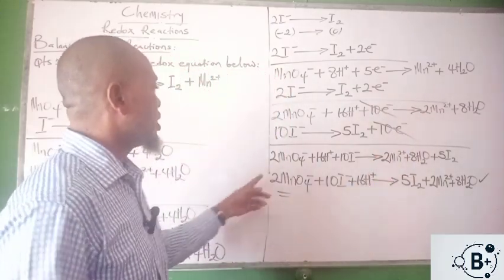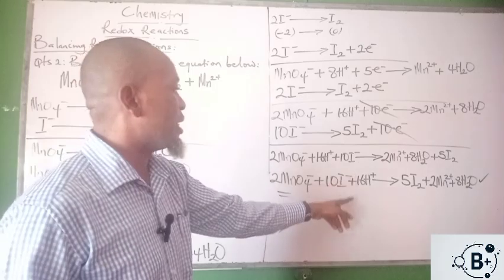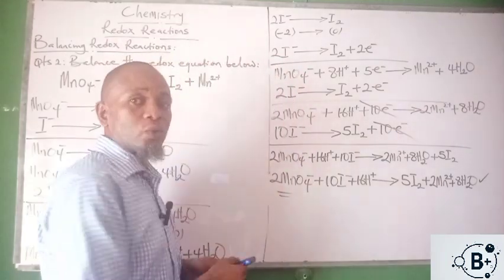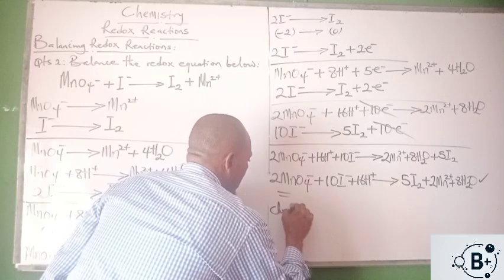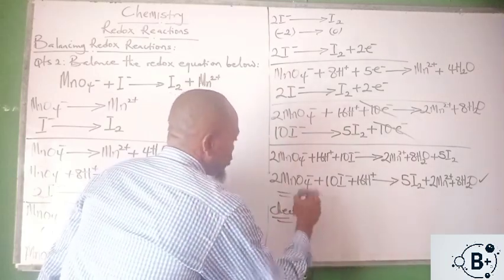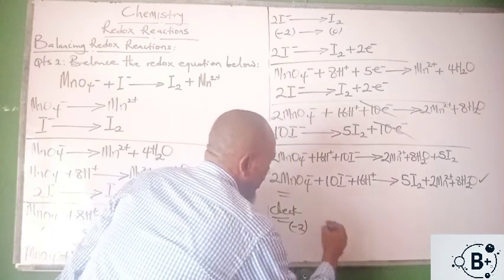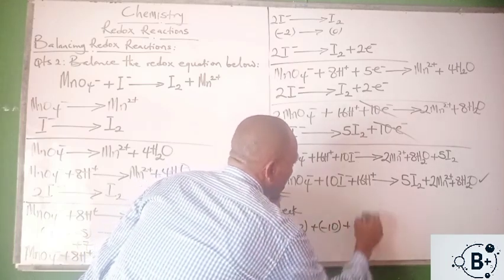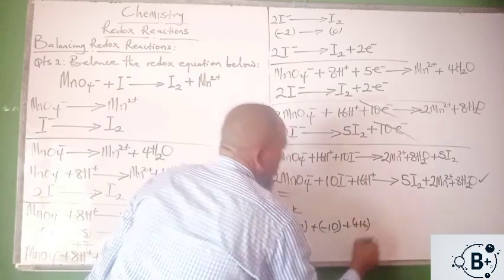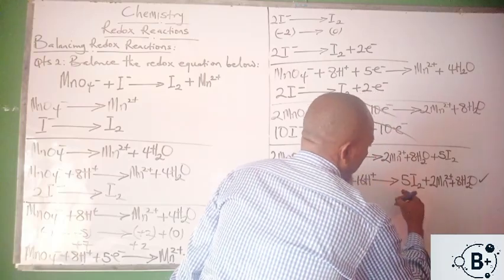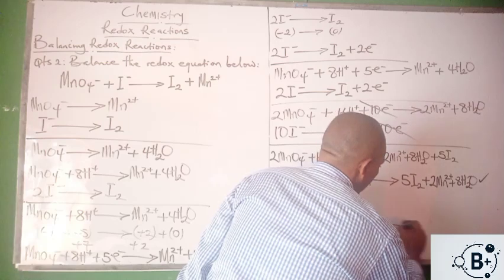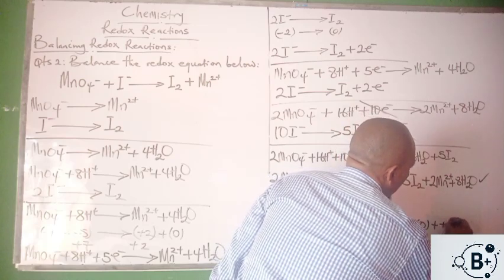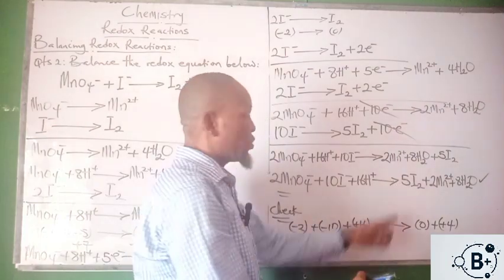Hydrogen is correct. Then the charges. This is 2, then we have 10 here, we have 16. So if we calculate it, let's write it here. Check. For this one it is minus 2. Now here we have minus 10. Then we have plus 16. So here we have 0 charge on this other side. Then here we have 4, that is 2 times 2, so we have 4.